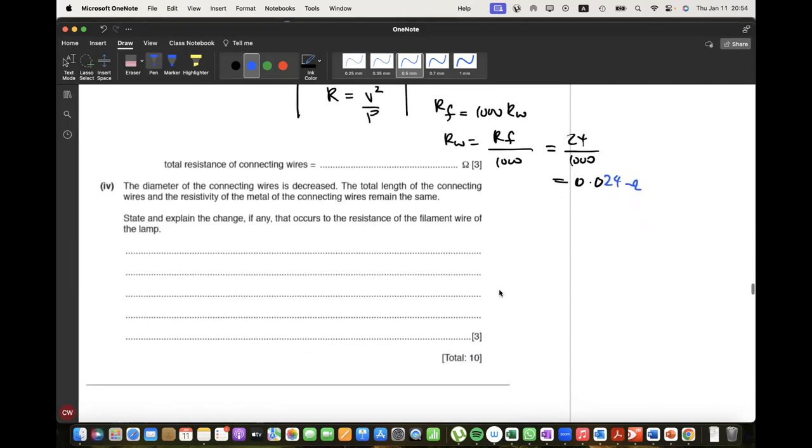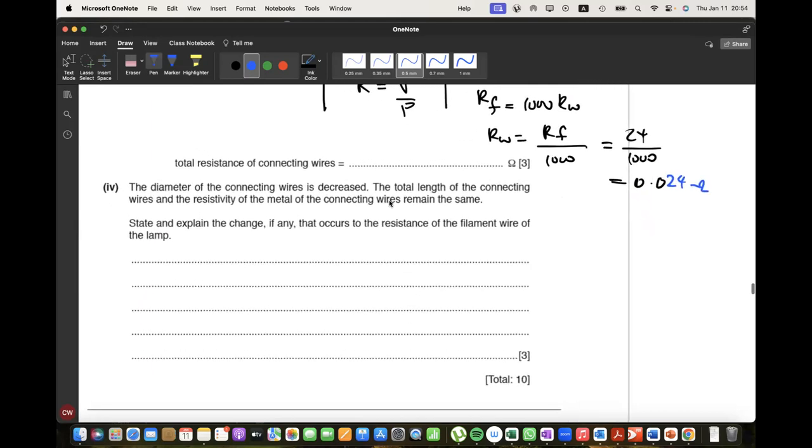Okay, let's continue. How to do it? Diameter decreases. Okay, decrease. Total L. Resistivity is rho. So the rho doesn't change. Same.